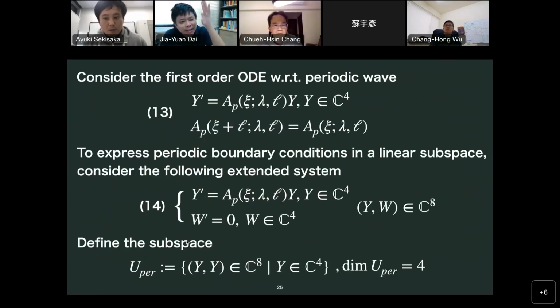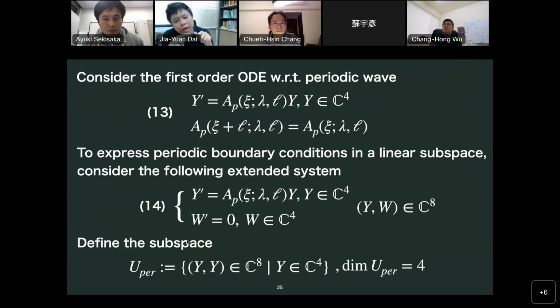Maybe I can make a remark about Professor Zhang's question. In the original nonlinear equation, you have to find a periodic solution and also the period. There are four periods because you have four components. So the periodic wave and the periods are unknown.